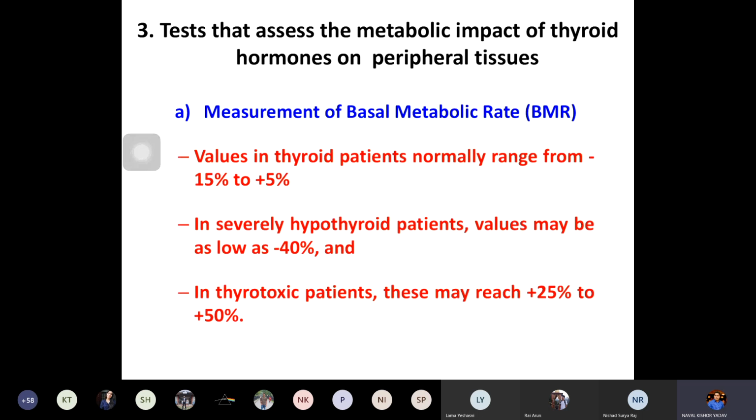The value in normal patients ranges from minus 15% to plus 5%. In severe hypothyroidism, you can see minus 40%. In increased thyroid conditions like thyrotoxic patients, it will be more than 25% to 50%. So in this way, by measuring the BMR, you can know the impact of thyroid hormones on the metabolic conditions of the peripheral tissue.